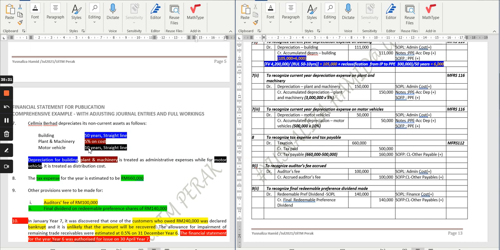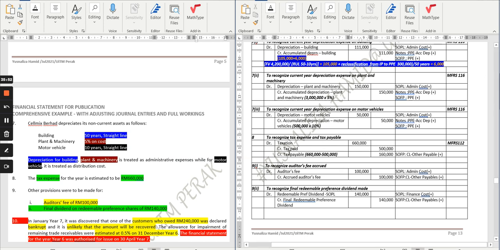Because if you depreciate each year 10%, in 10 years' time, it will come up to 100%. It means that it will be fully depreciated. So you can just take 500,000 divided by 10, or you can also take 500,000 times 10%. That will give you 50,000.